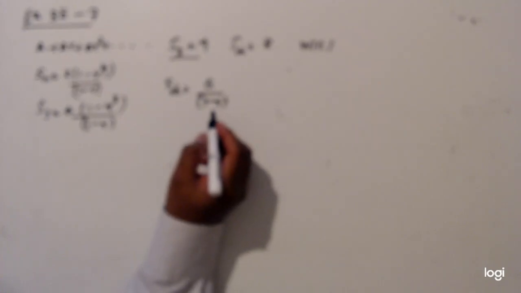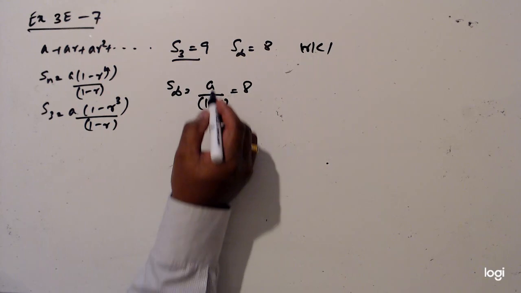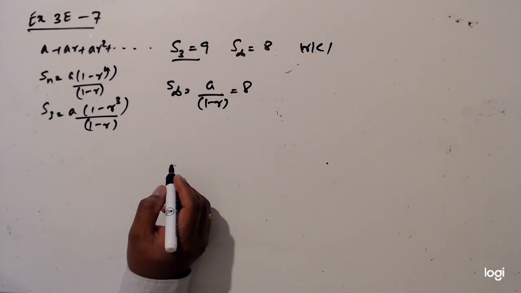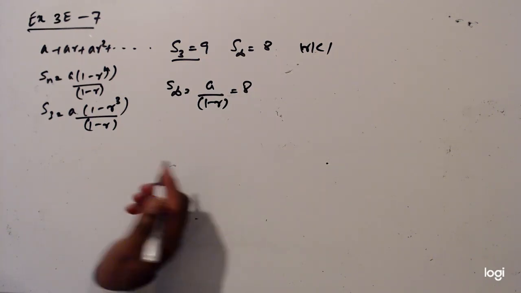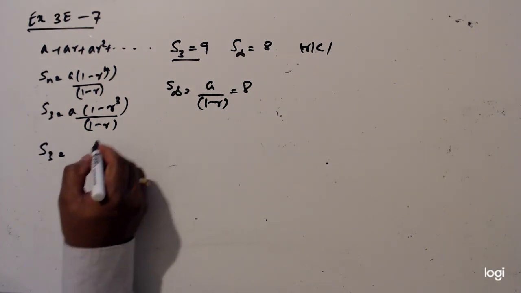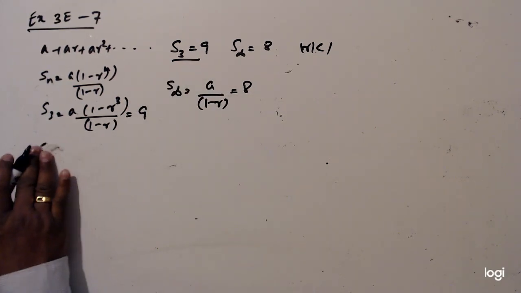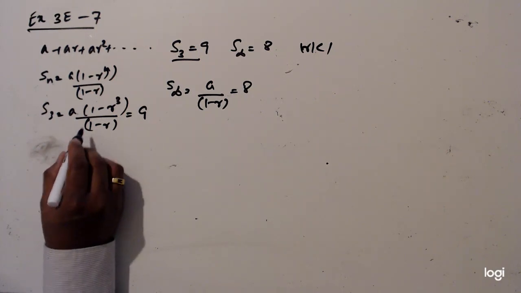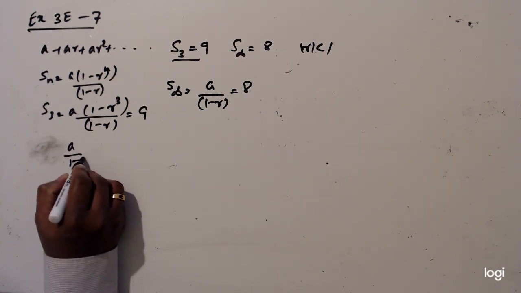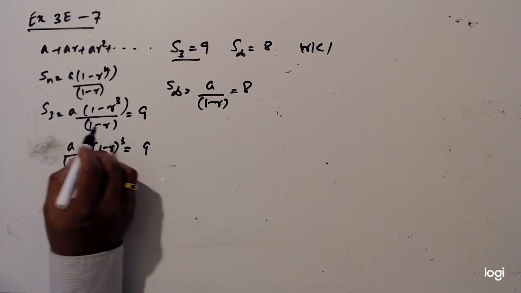So we know that S infinity is also 8. Basically a over 1 minus r is 8. Now we need to find the a and r values. S3 is also 9, so I can write a times 1 minus r cubed over 1 minus r equals 9.